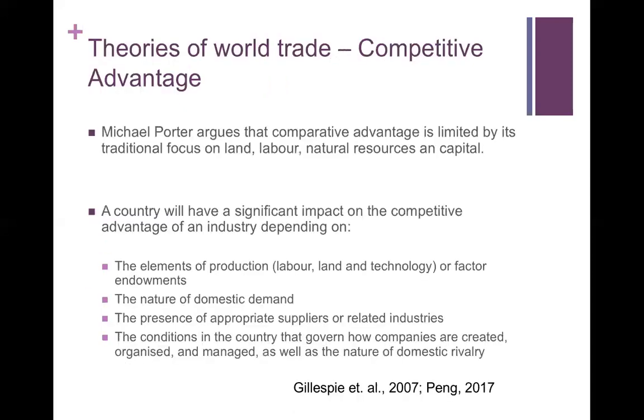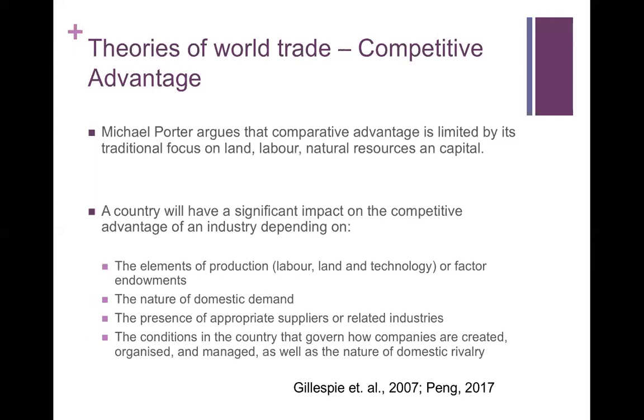Now the last theory that I'd like to discuss with you is the national competitive advantage. You may have heard this name before, Michael Porter. He suggests that the earlier theories have a limitation because they focus on land, labor, and natural resources as capital. This is what we call the factor endowments. But we also need to look at the nature of domestic demand when analyzing why a certain country can export one product and import another.